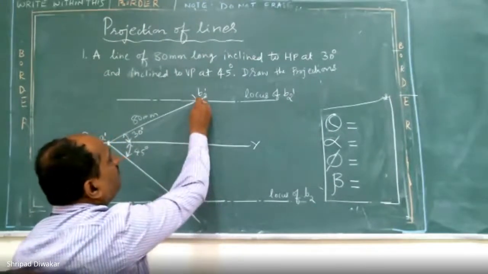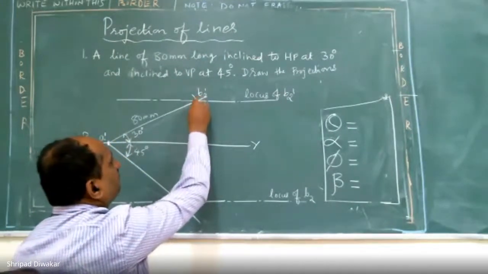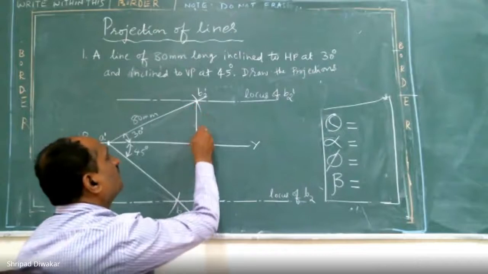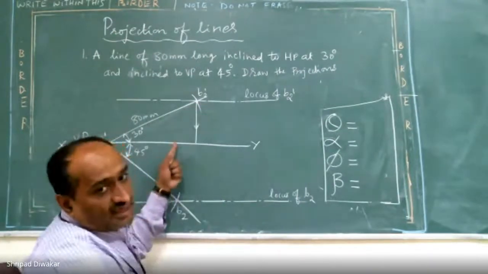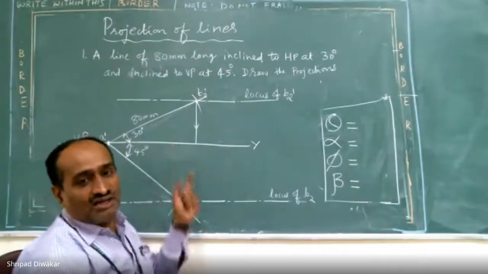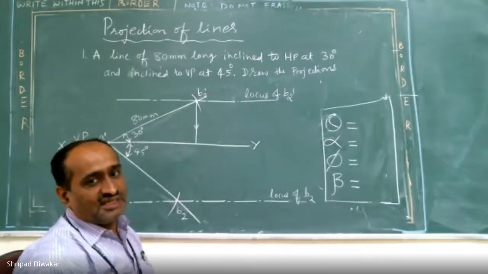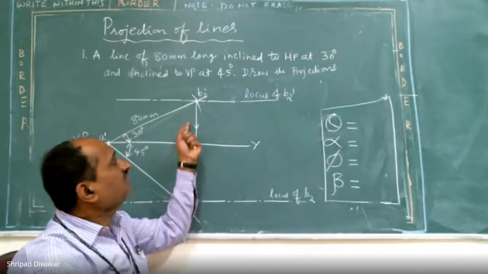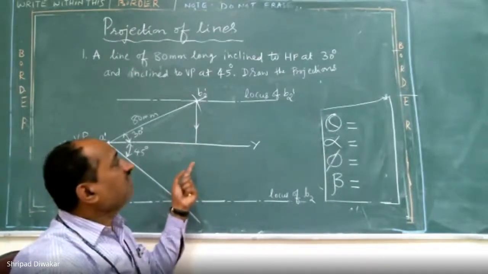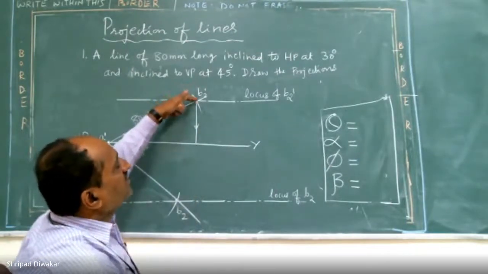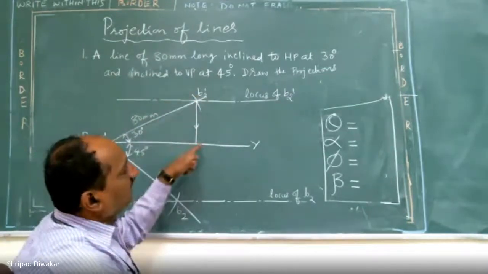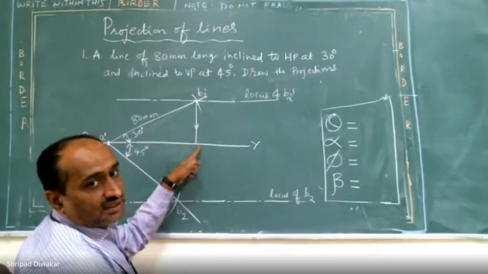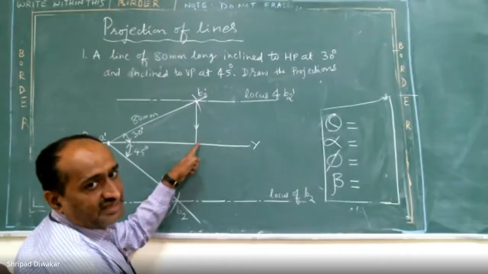What you can do? From B2 dash, draw a line till it cuts this line, which is the locus line, your origin line, everything. Because we don't have any other locus line, from B2 dash, draw a vertical line till it cuts the locus of A dash, which is nothing but the locus of A dash only.